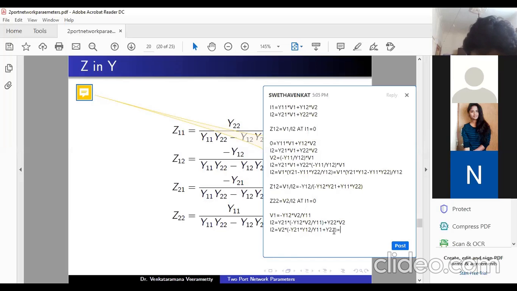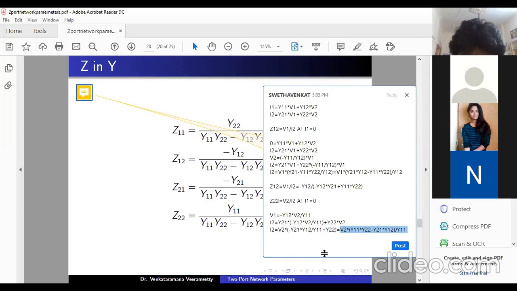This can be extended as V2 multiplied by y11 into y22 minus y21 into y12 divided by y11, by taking the LCM.